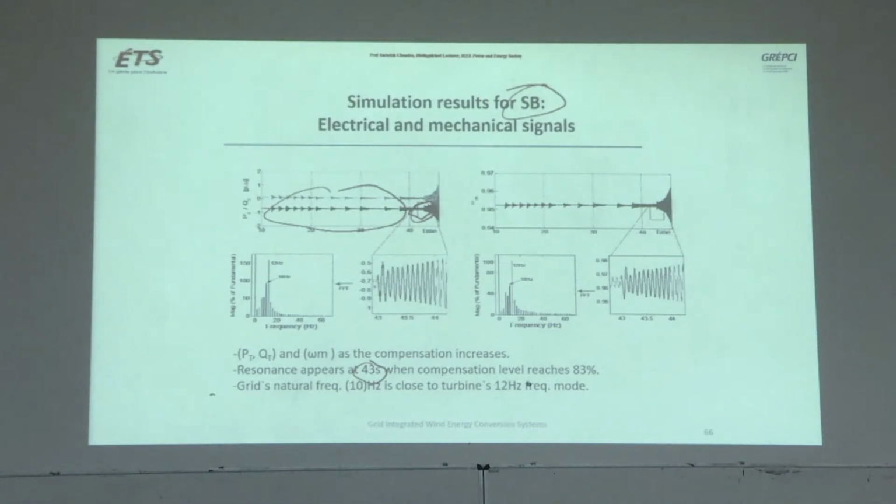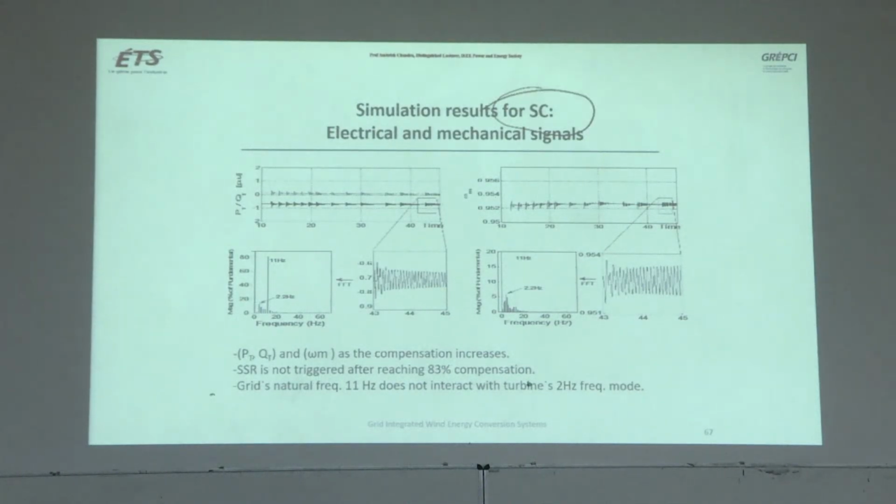He could go up to 43 seconds with 83% series compensation. He noticed grid natural frequency at 10 Hz and turbine frequency at 12 Hz. They were very close by, so that is why resonance was taking place.